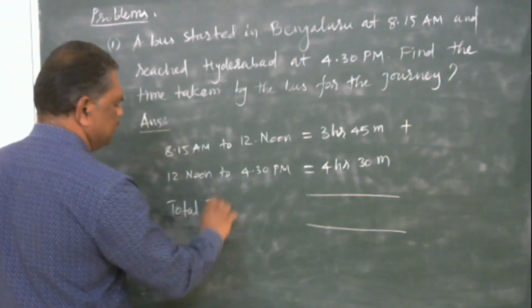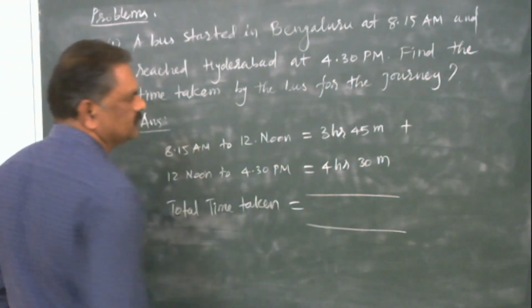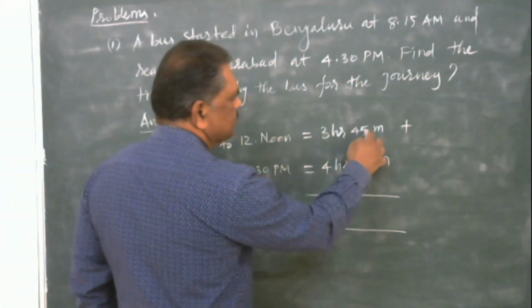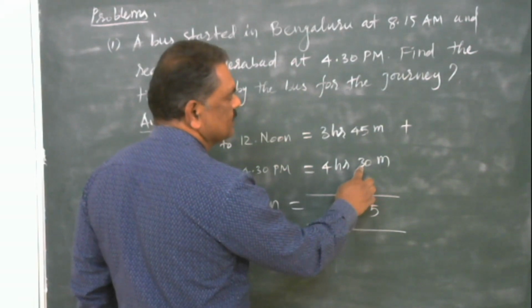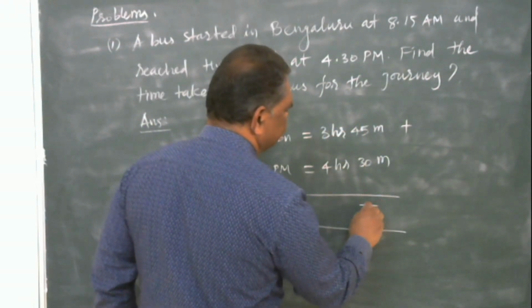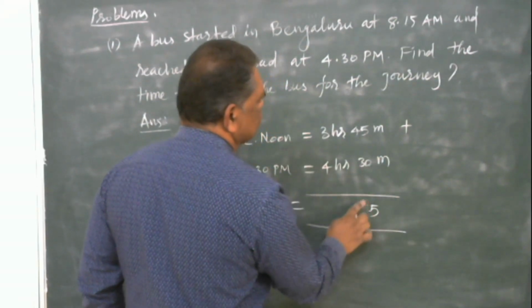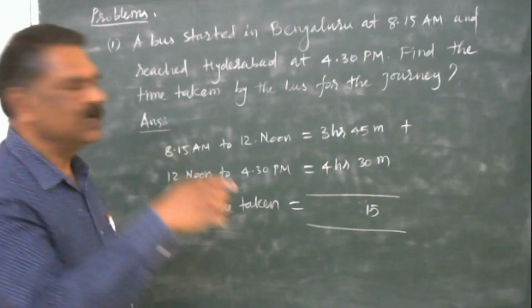So total time taken is equal to, adding the minutes, 5 minutes, 4 plus 3, 70. 70, we don't have 70, 60 minutes only. So 4 plus 3, 7, 1 I will write. 60 minutes is equal to 1 hour. Carry 1 hour.